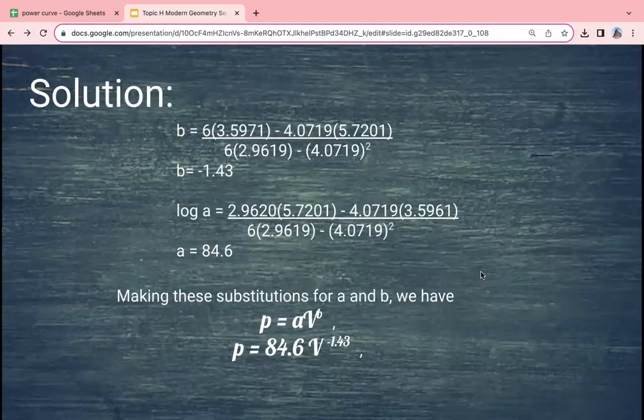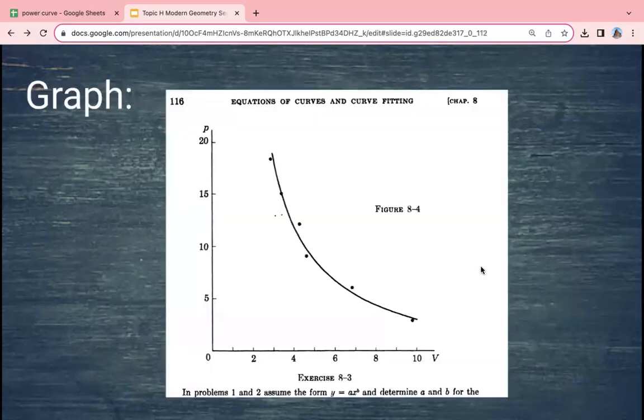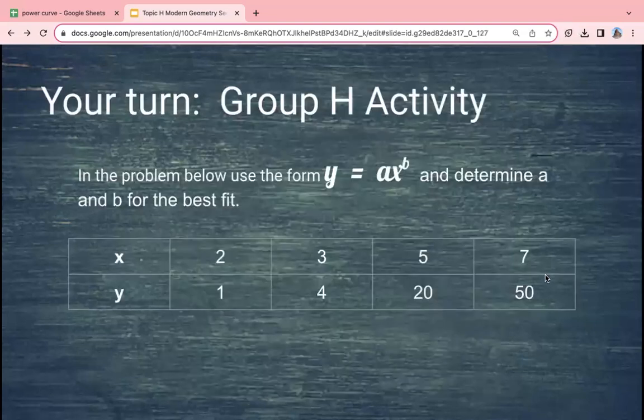So any questions? If there's none, then we can proceed to the next topic or activity. So this is a curve. This is a figure 8-4 curve. And in the problem below, use y is equal to a x to the power b, and determine the value of b for the best fit.